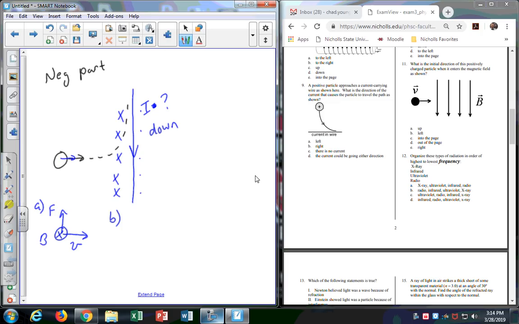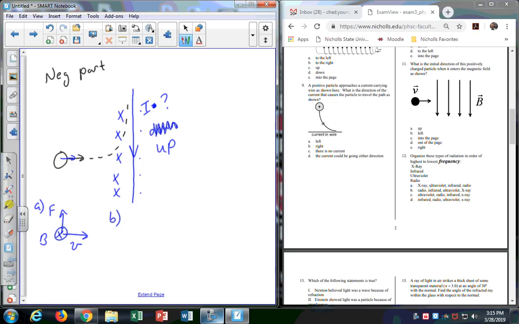Oh, yes. So I forgot. It's a negative particle, so it's not down. It's up. Because the magnetic field that causes this force, since it's a negative particle, is actually opposite what I found it to be. See, this is going to be hard for the test.